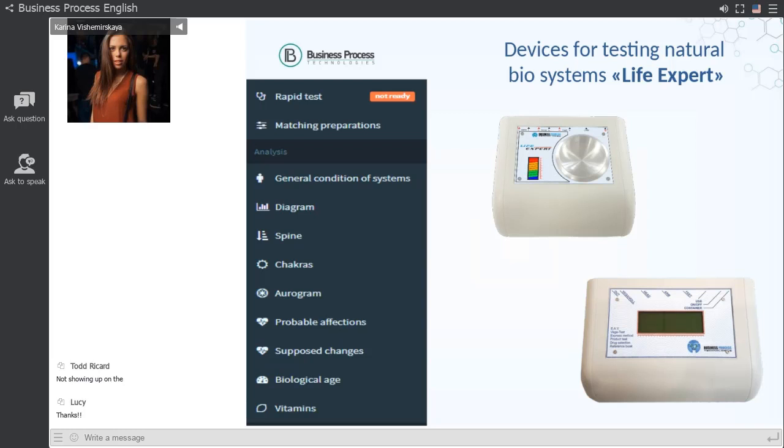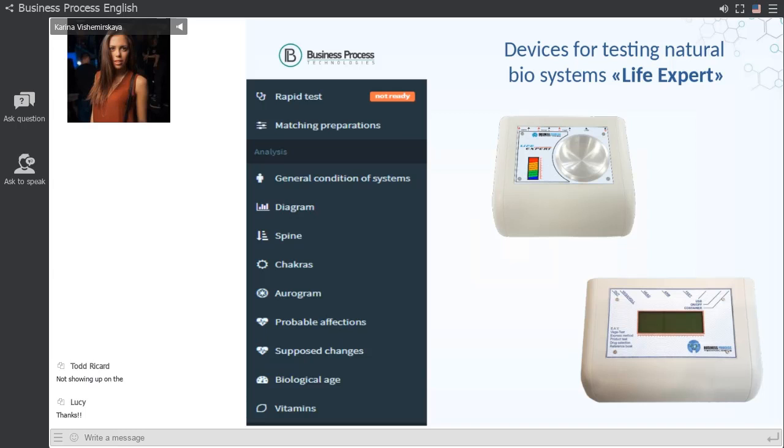Chakras allows finding the relation between the emotional and characterological type of the tested person. Auragram is basically an interpretation of the report on 47 organs and systems in the form of a circular chart.